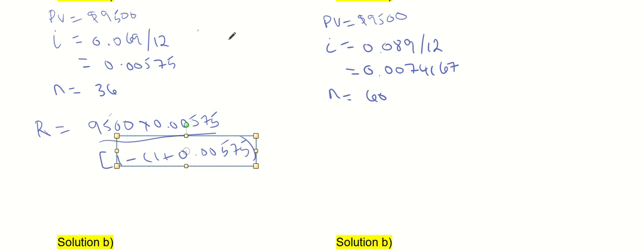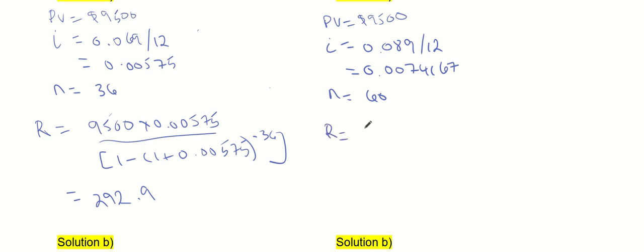Oops, let's undo that. Negative 36 in brackets, and here we should get 292 and 90 cents. Okay, this is the next one.